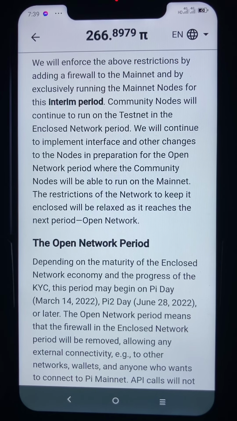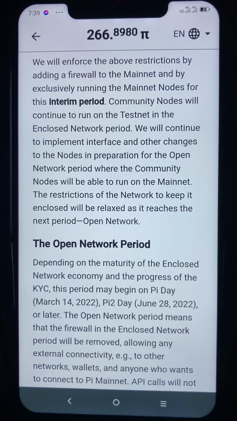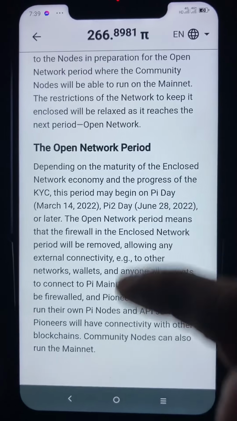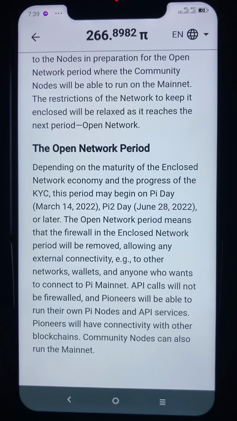Okay, ayan. Ngayon, what do we expect sa open network? Ito na. Let's go. Nasa end na tayo. Okay, the open network period, ito na. Depending on the maturity of the enclosed network economy and the progress of the KYC, this period may begin on Pi Day, March 14, 2022, Pi 2 Day, June 28, 2022, or even later.